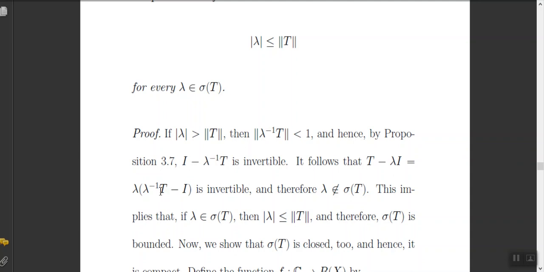Like, I minus S is invertible, it is easy to see that S minus I is invertible. So lambda inverse t minus I is invertible.